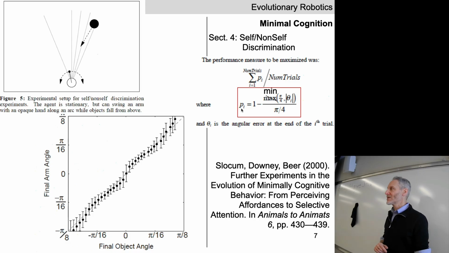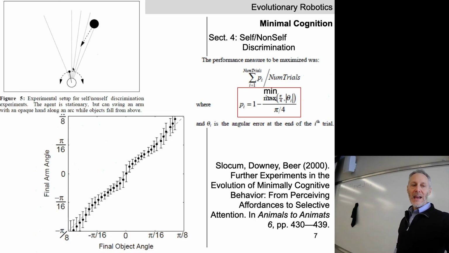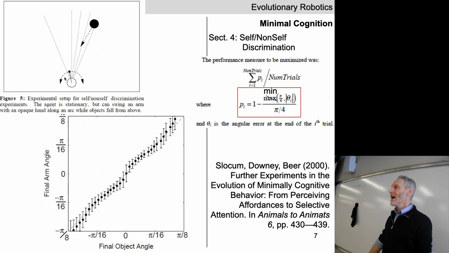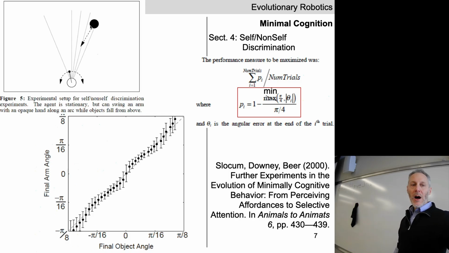P sub i is going to be a large value if, when the object gets to anywhere along this curved line, anywhere where the quote-unquote hand could grab it, the robot should rotate its hand and grab that object. So they're going to drop objects that hit anywhere in this radius here, anywhere along this semicircle.